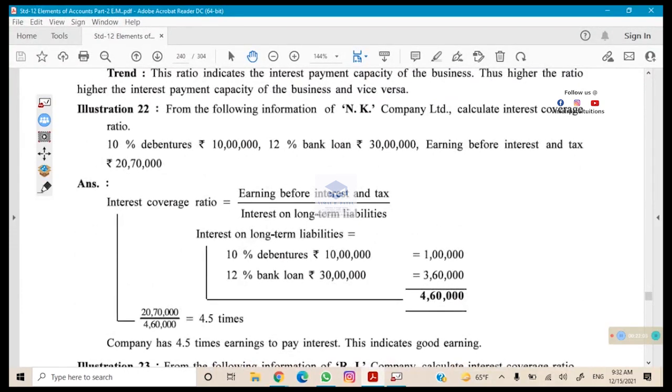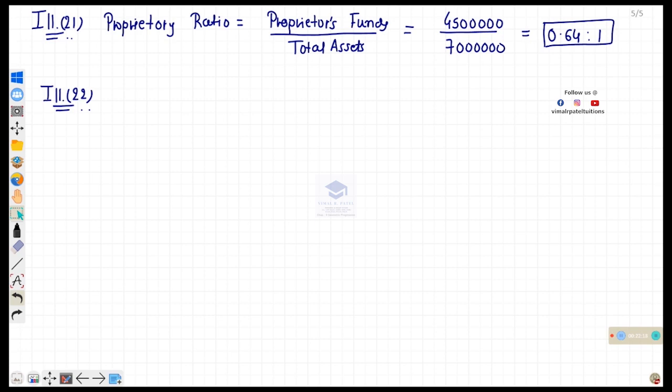Now, illustration 22. From the following information of NK Company Limited, calculate interest coverage ratio. 10% debentures, 12% bank loan, earning before interest and tax. Earning before interest and tax or profit before interest and tax, all is the same thing.